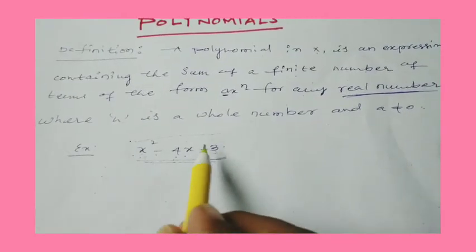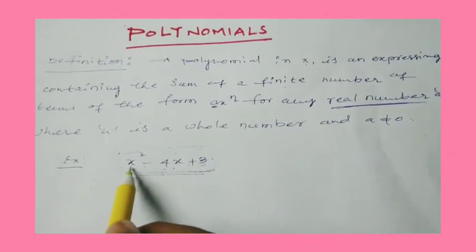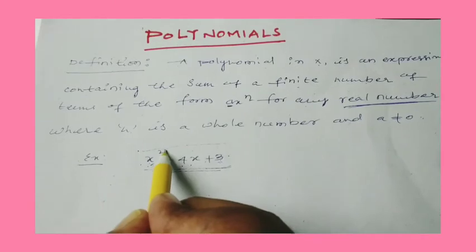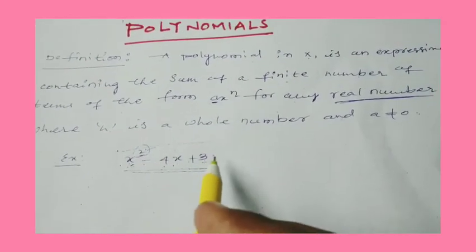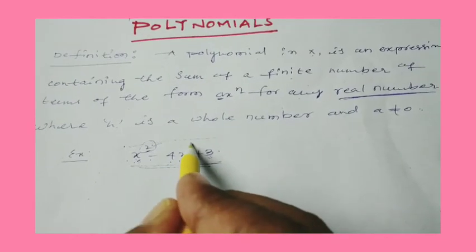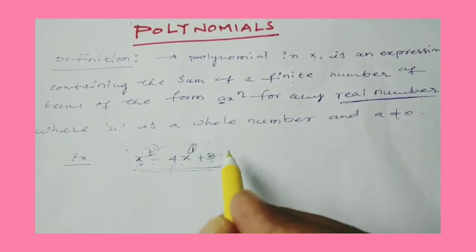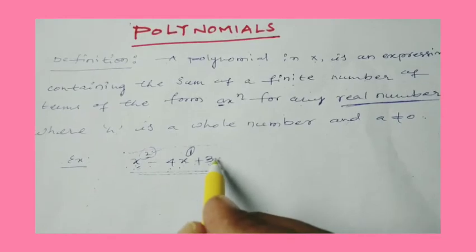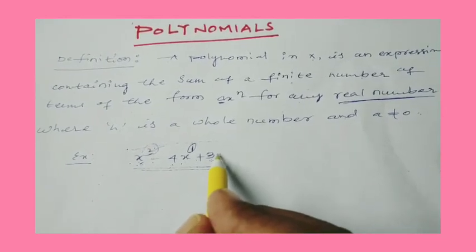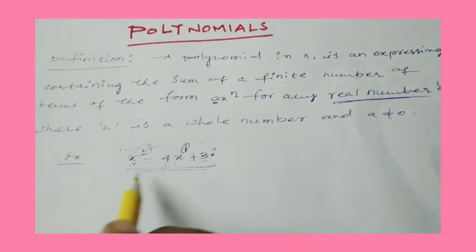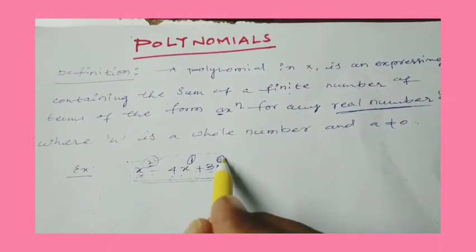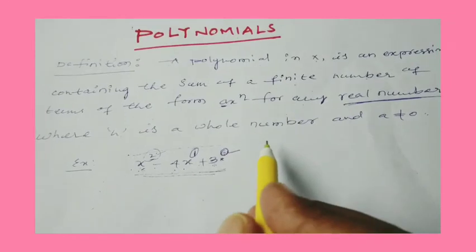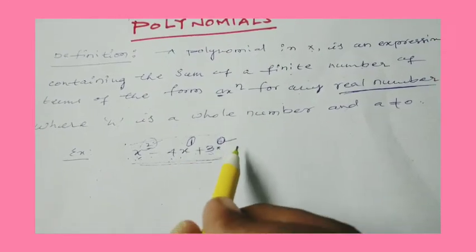Now we are going to check whether n is a whole number or not. Here x square is there, x power 2. 2 is a whole number. Here x, the power not written means 1. 1 is also a whole number. 3 is nothing but 3x power 0. 0 is also a whole number. So this condition has to be satisfied.